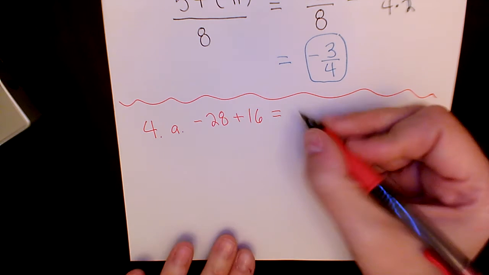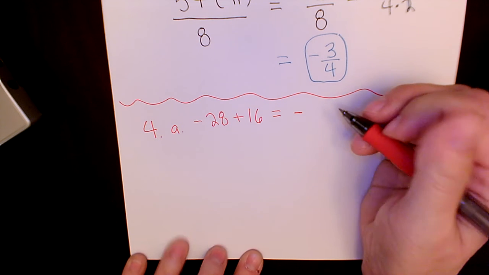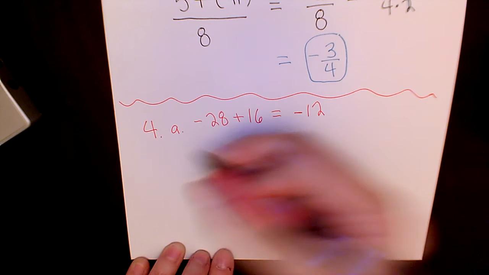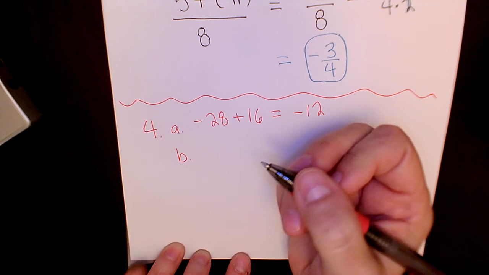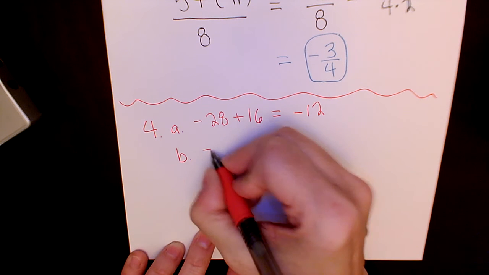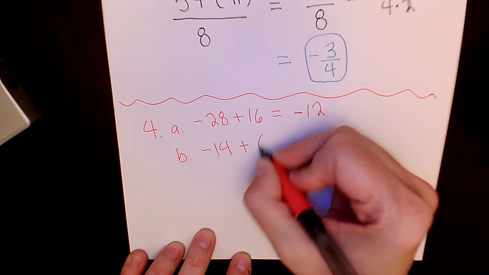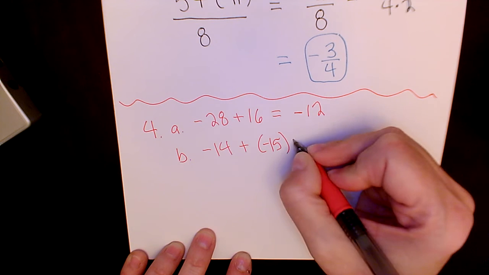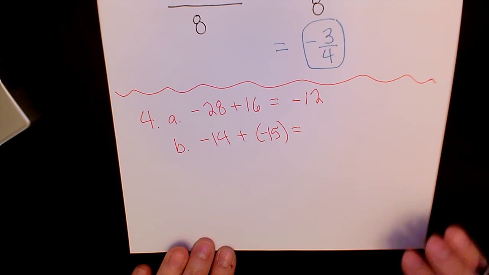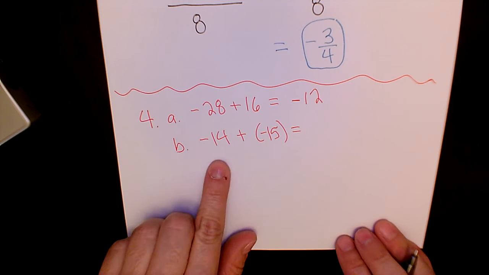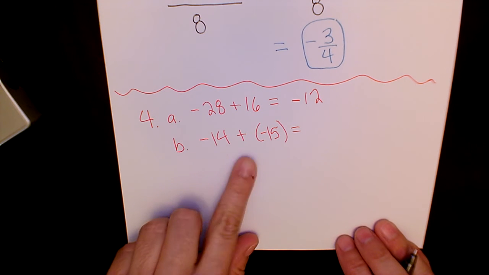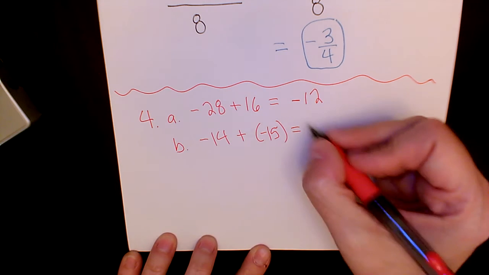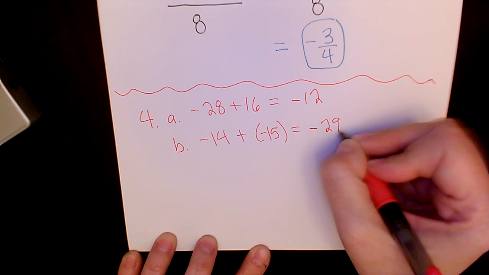There's more negatives, so I know it's going to be a negative 12. Negative 14 plus negative 15. They're both negative. When they're both negative, I'm just going to add them together. So I get negative 29.